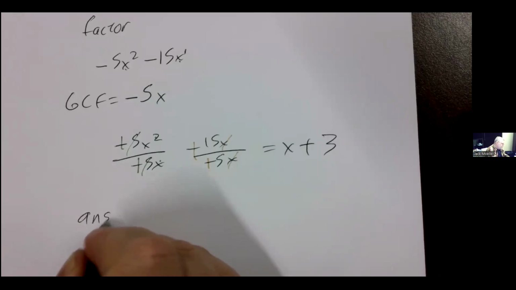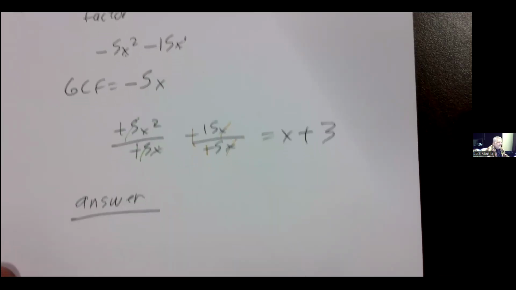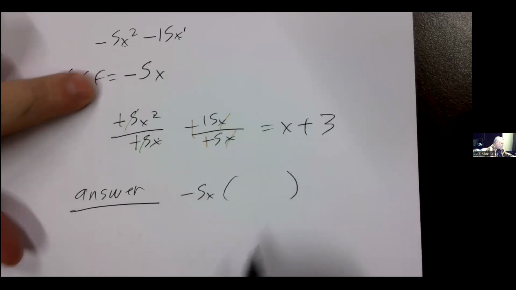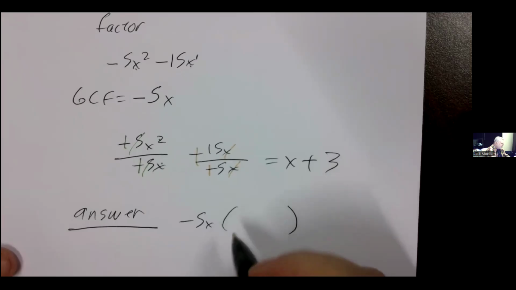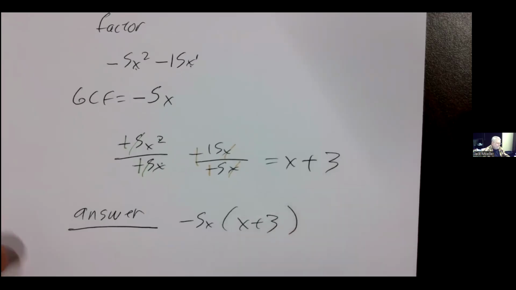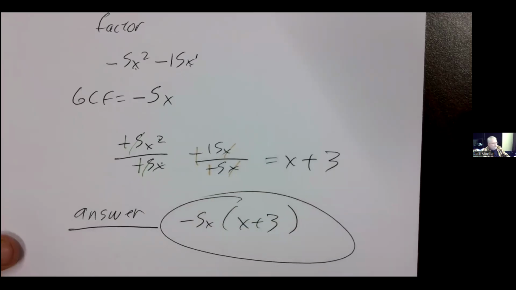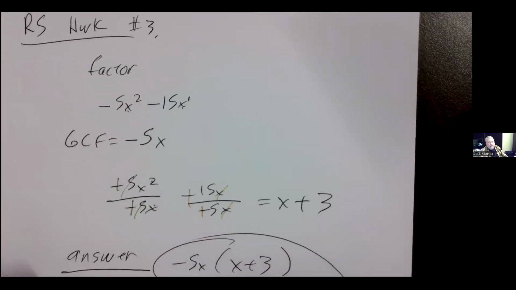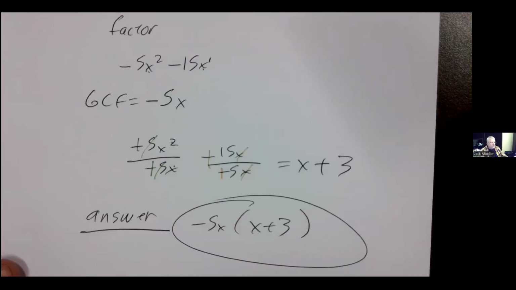So for our answer, well, the GCF is a negative. And what do we get when we divide both of those by the GCF? We got x plus 3. All right. So this is where, if you get in the habit of reading your instructions in MyMathLab, let me bring that up again.